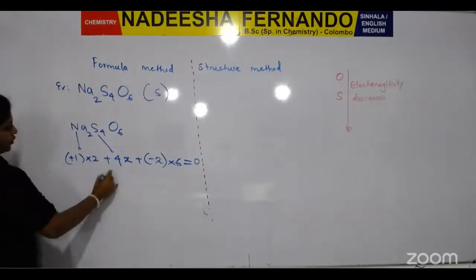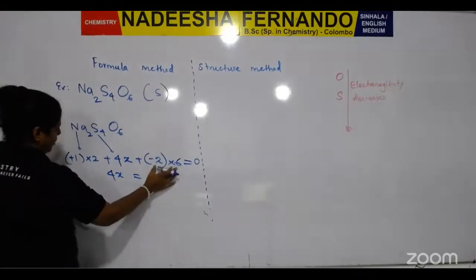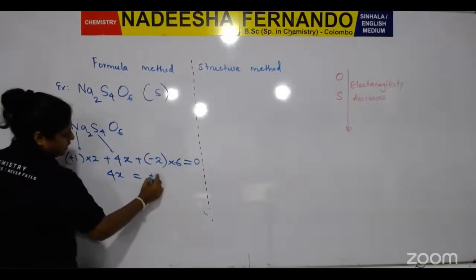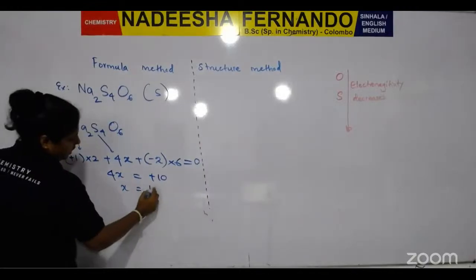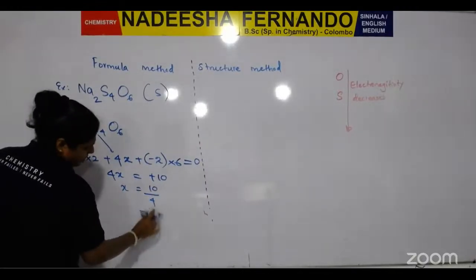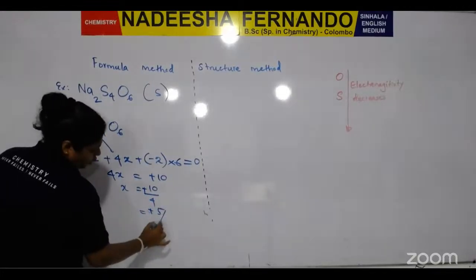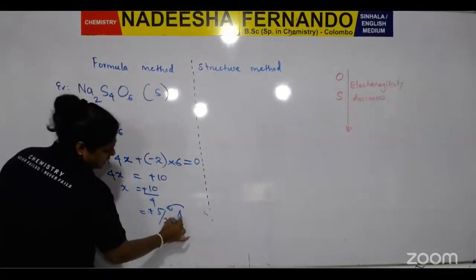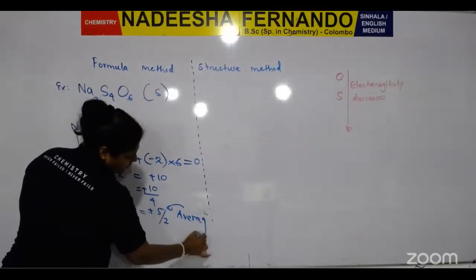So 4X equals minus 12 plus 2, so 10 over 4, that is plus 5 over 2. Now you know this is the average value.